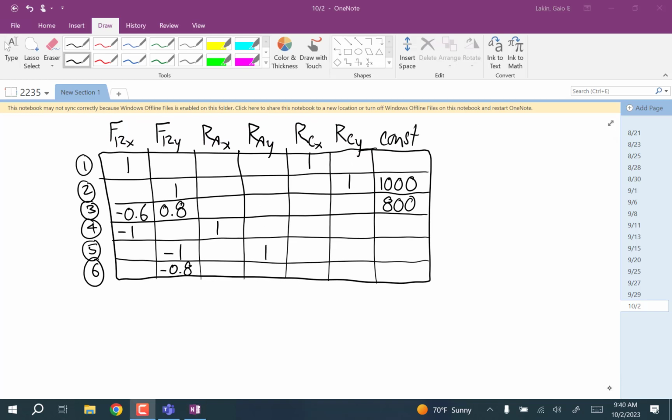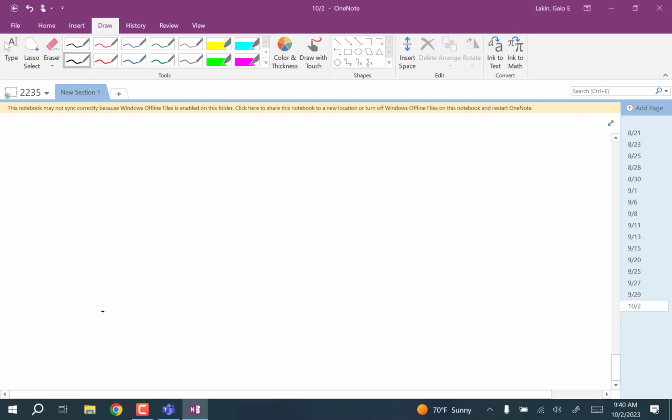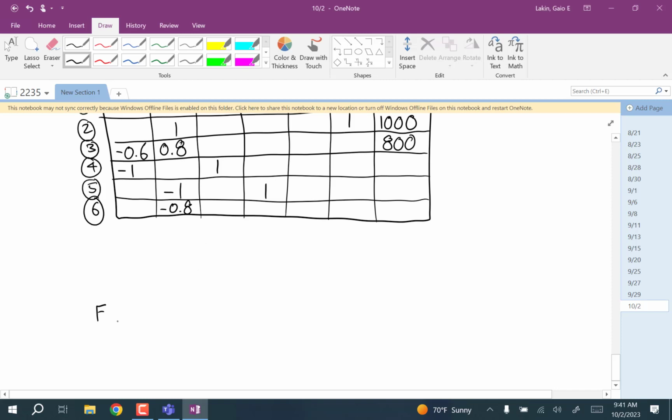Okay, now, all right, and what I get is F12 is equal to -1333.3 repeating, 0.